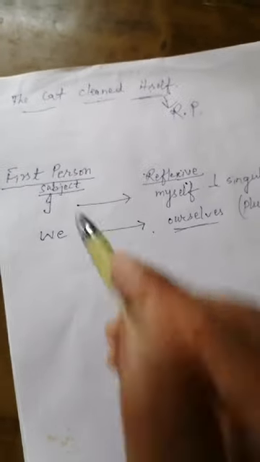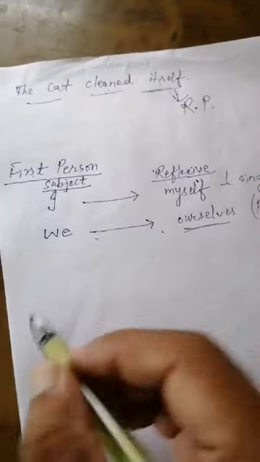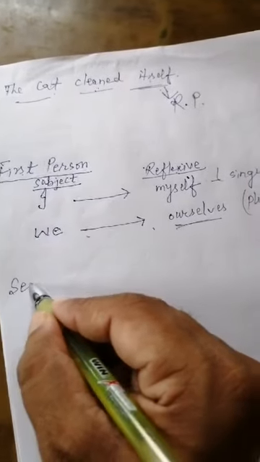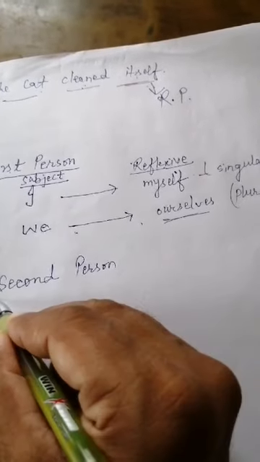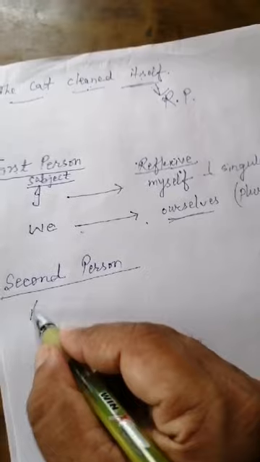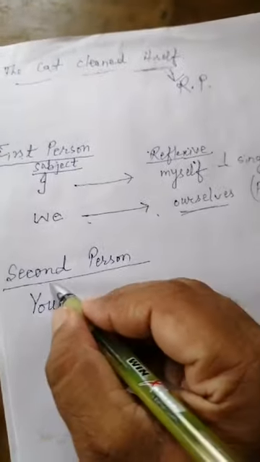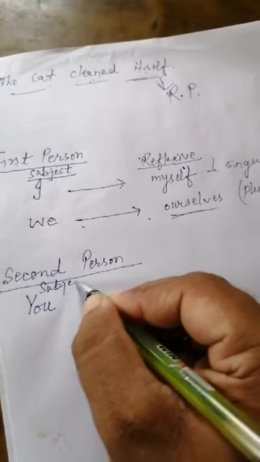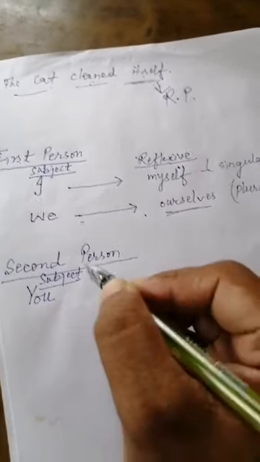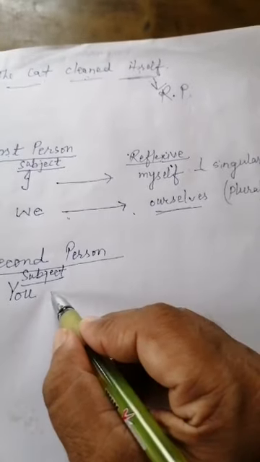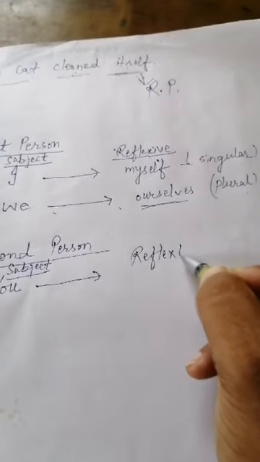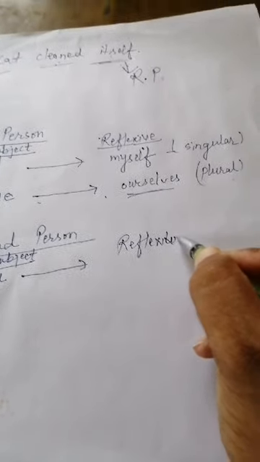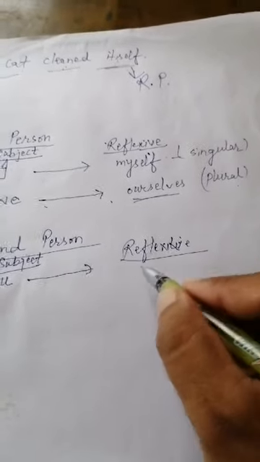Now that is all about the first person. Now move on to the second person. Second person, you comes in the second person in singular form, and this is your subjective case. You is always used as a subject, but its reflexive is yourself.